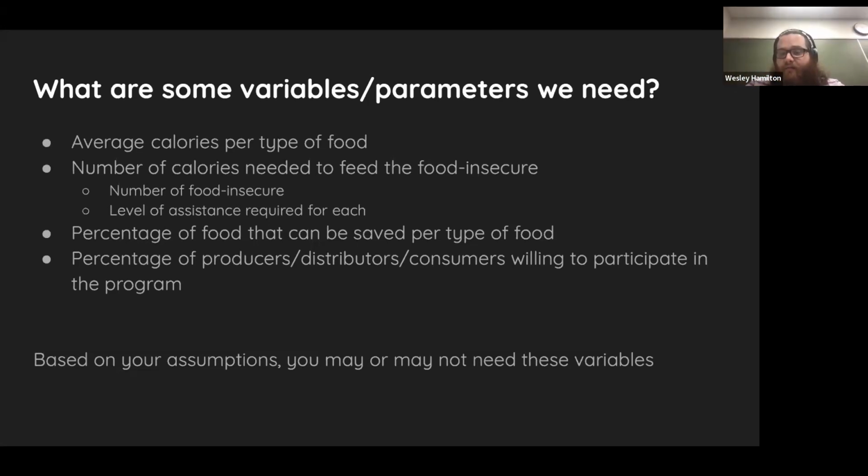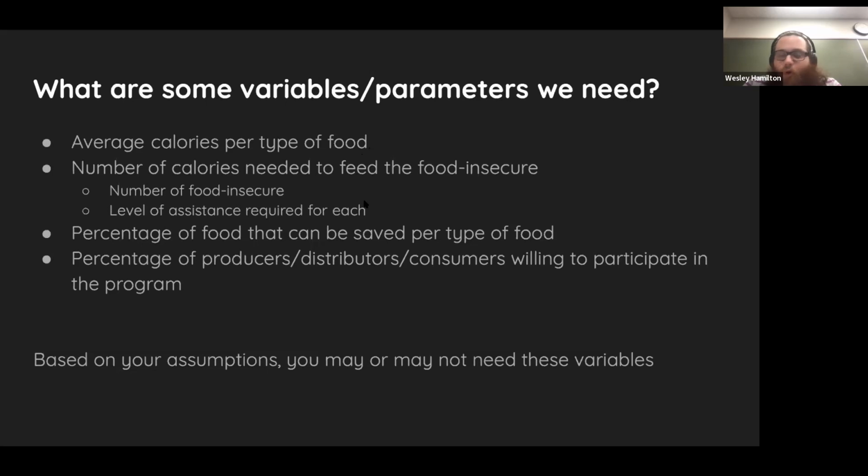So the variables and parameters you come up with for your model aren't necessarily the same that other groups would come up with, but they're very dependent on the question that you pose and just how things are set up.